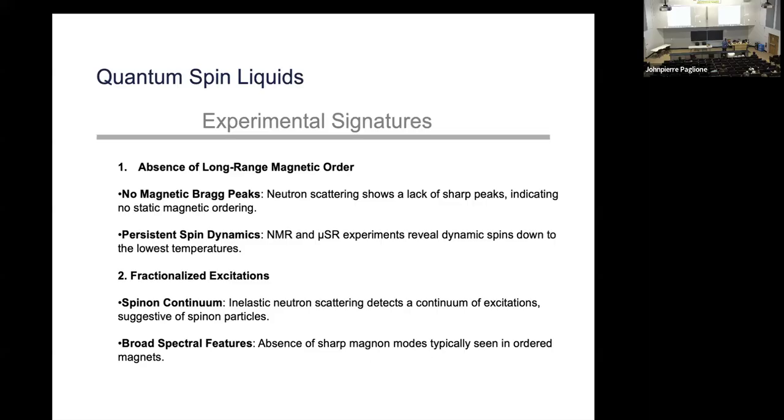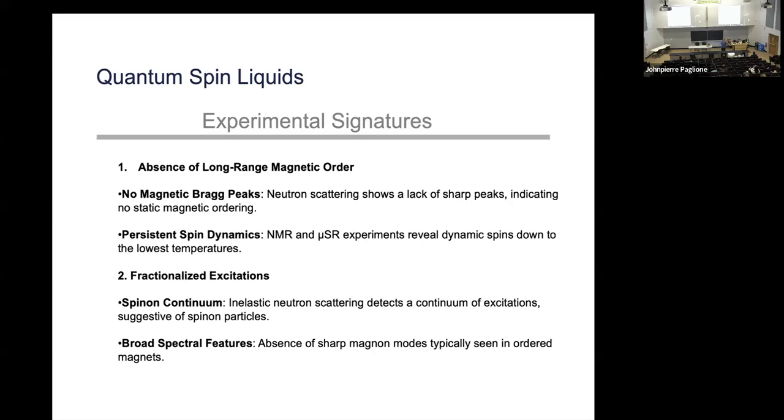If you do a diffraction measurement, specifically with neutrons, because neutrons can see the magnetic moment in the sample, then if there is no magnetic peak, that's one of the indications that you don't have long-range ordering. Then, as I mentioned, you have to have a dynamic situation. Those spins are fluctuating, they're creating a lot of quantum fluctuations, and they remain very dynamic.